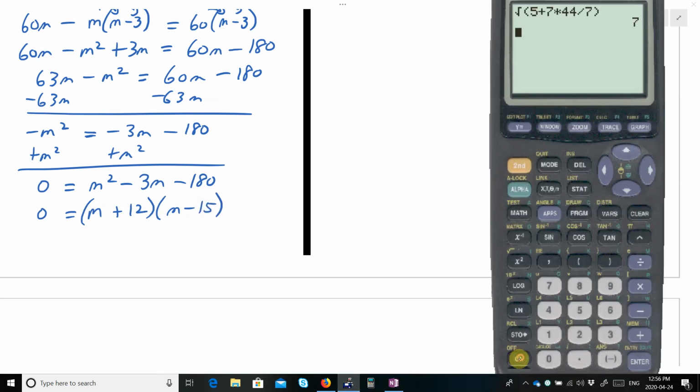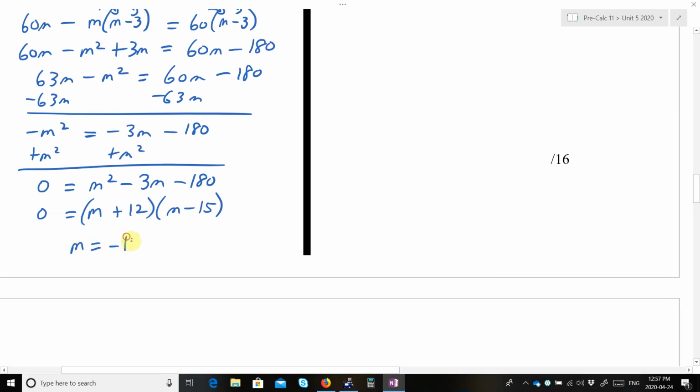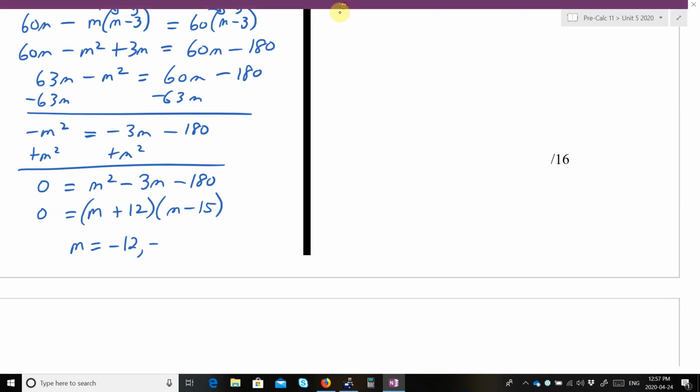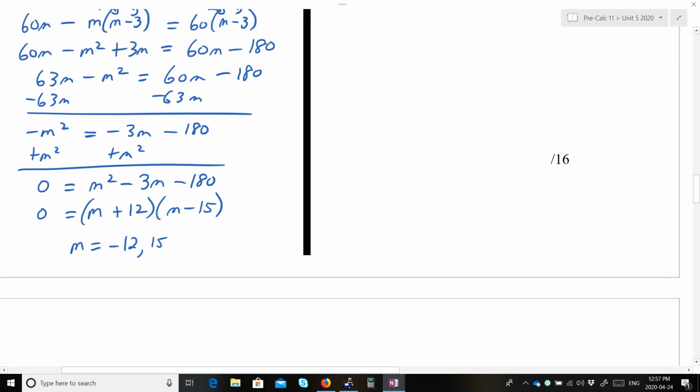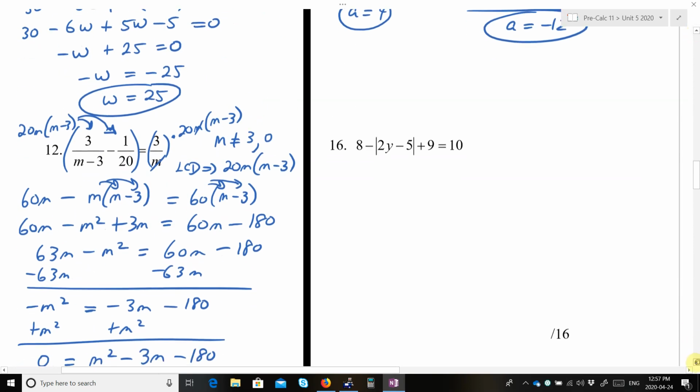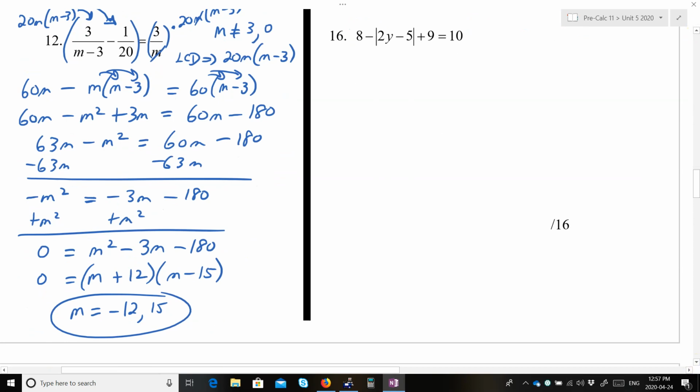I think 15 times 12 is 180? Yes, good. So the solution is negative 12 and positive 15. Okay, and neither of those conflict with the non-permissible values, so they look good.